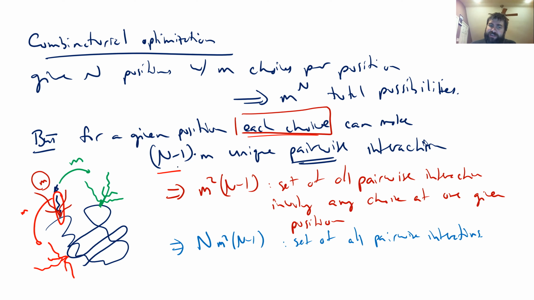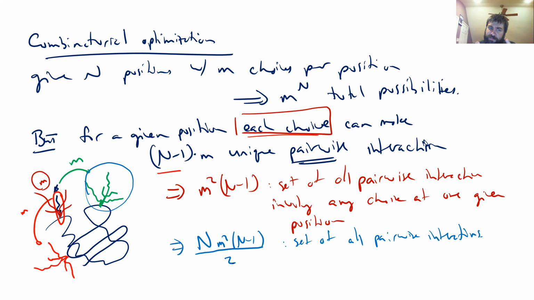But if we just do this, we've actually done some double counting, because when we get over to this group here, we've already counted the interactions that we made over here. And so we need to divide this number through by 2 to give us our actual number of pairwise interactions.